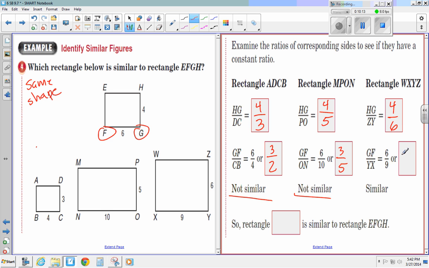And then GF again is 6 and 9, which reduces to 2/3. 4 over 6 also reduces to 2/3. Since 2/3 equals 2/3, they are proportional. Therefore, they are similar. So rectangle WZYX, or I guess you could have said WXYZ, is similar.